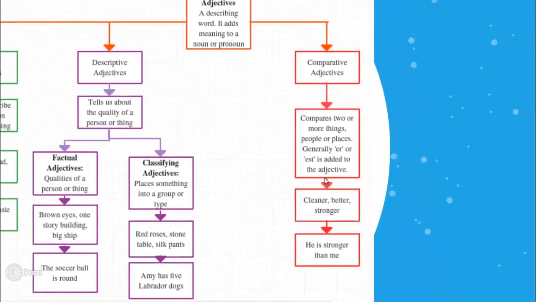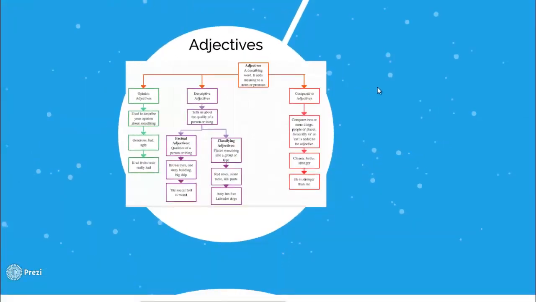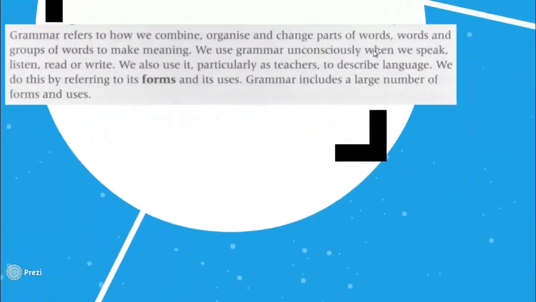Then we have the superlative adjectives, in which we talk about one thing compared to a group. Like in a class, there are several students, but Tom is the best of them, and John is the worst of them. So we talk about how to describe things with adjectives.